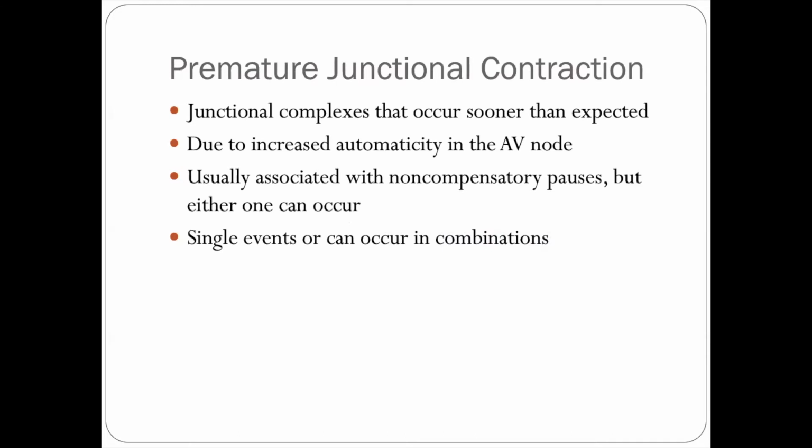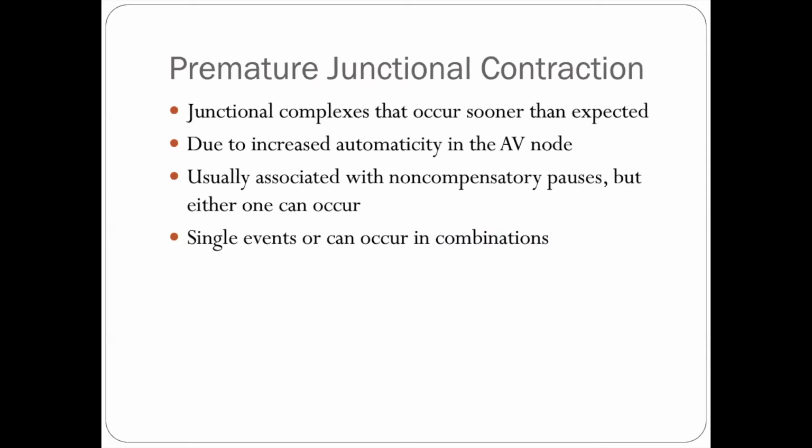Really, it's the same information that you learned with PACs, and that these complexes are coming sooner than expected. For whatever reason, the AV node has an increased automaticity, often because of sympathetic activity. Usually it's associated with non-compensatory pauses, but you can have either one that occur.